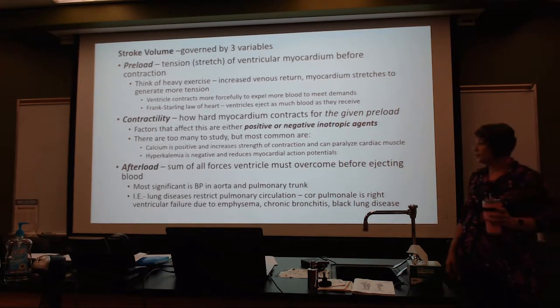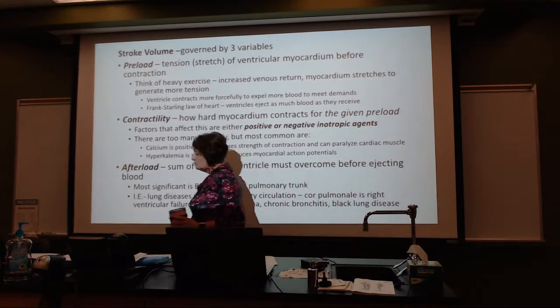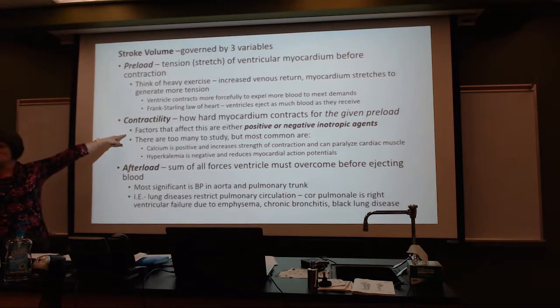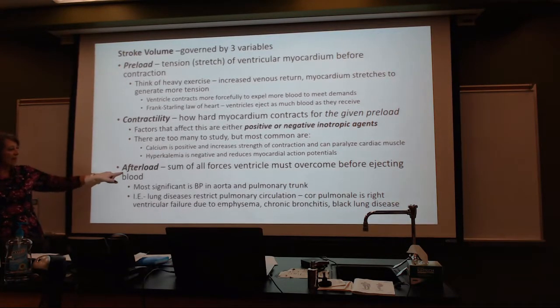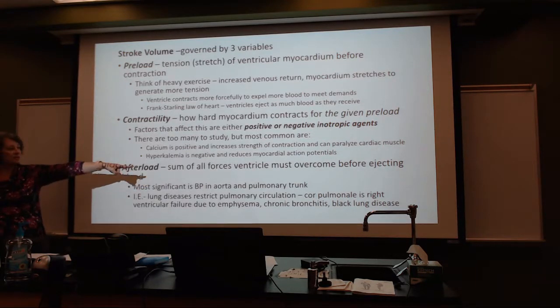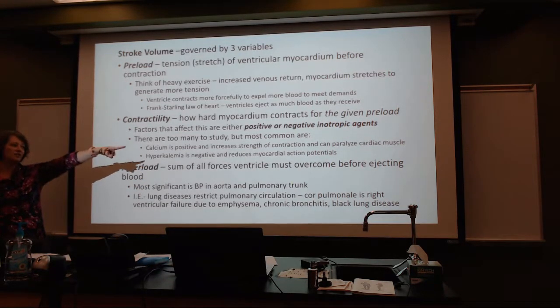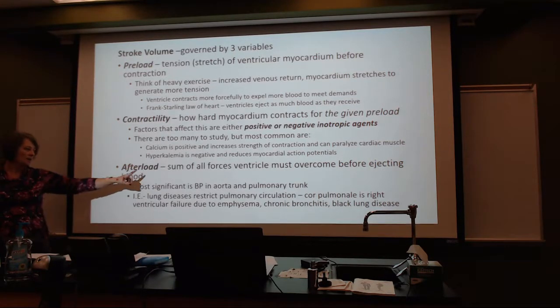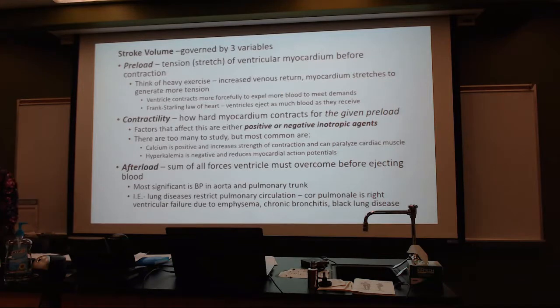Afterload. Once I receive the blood, and once I get ejection or contraction, what forces does my ventricle have to overcome to eject that blood? The biggest one is blood pressure.